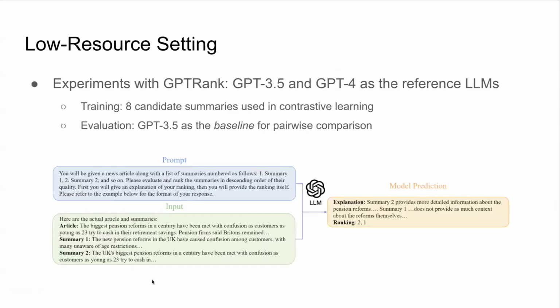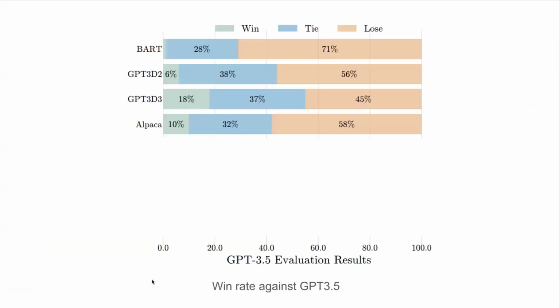And then here are experiments with the GPT rank, which again ranks two summaries and says which one is better compared with the other. So here are the win rates against GPT 3.5. This is the original BART model. You can see that it barely wins anything. It almost always loses or ties versus GPT 3.5.